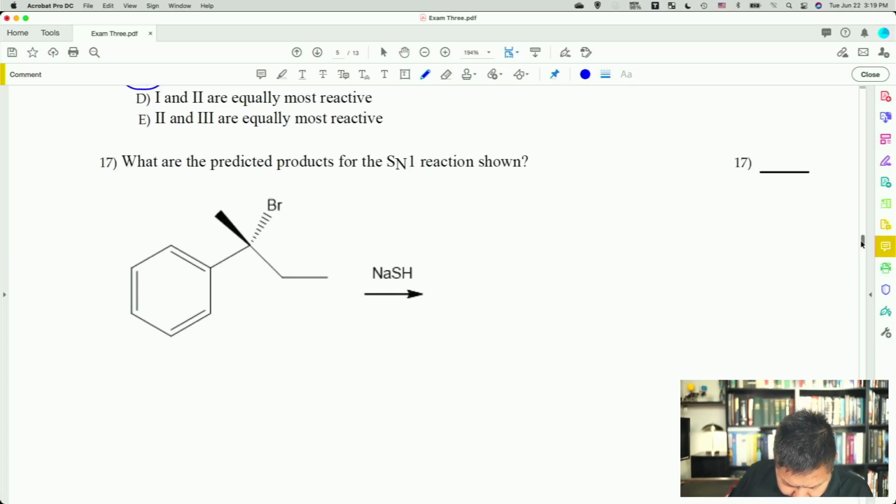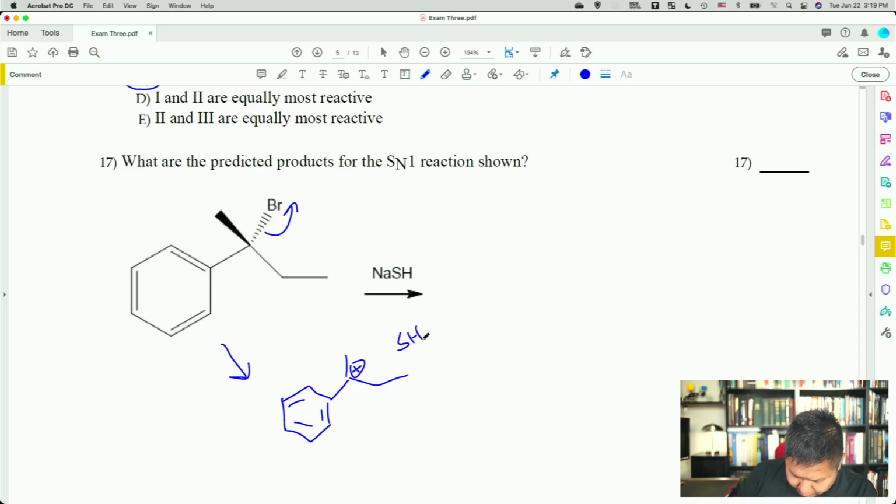Okay, what are the products for this reaction here? This SN1 reaction. So what's going to happen is we'll have the bromine leave as a bromide, and it gives you this structure here. And then the SH can come over and do an attack there, or an attack back there, right? Because the bromine has left.